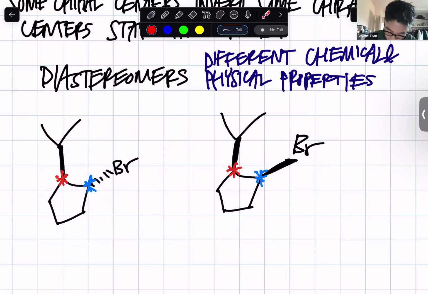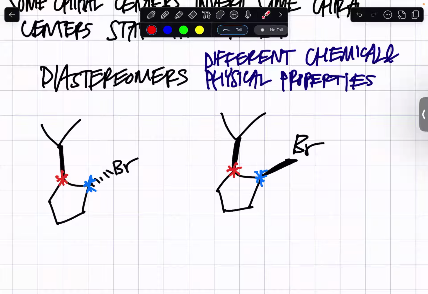Can you tell me the R/S configuration for the red chiral center on this molecule here on the left side? The connection was good.